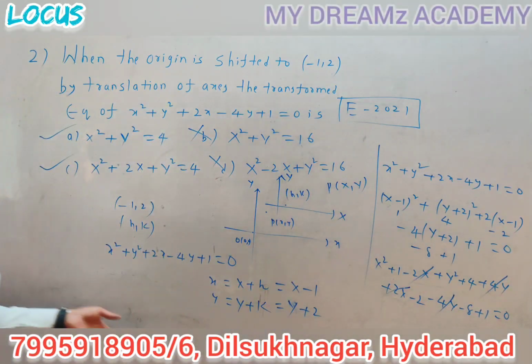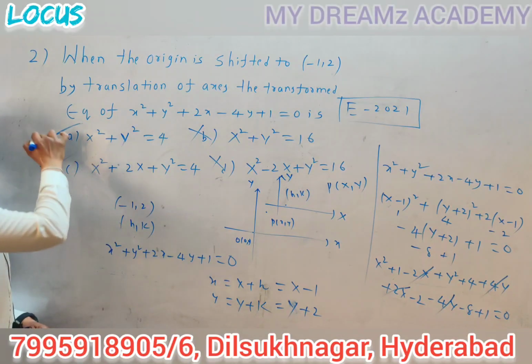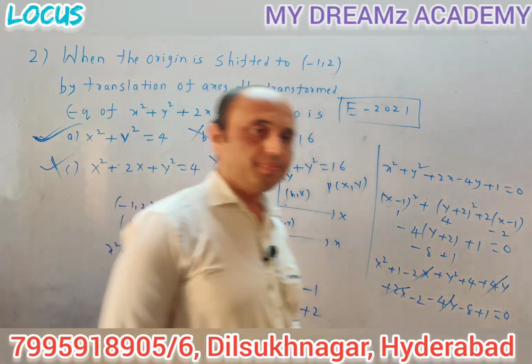We have only X square, Y square and the constant. So our required option is A; the first option is true.